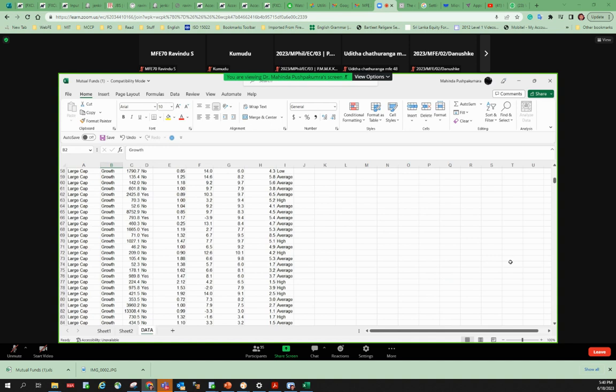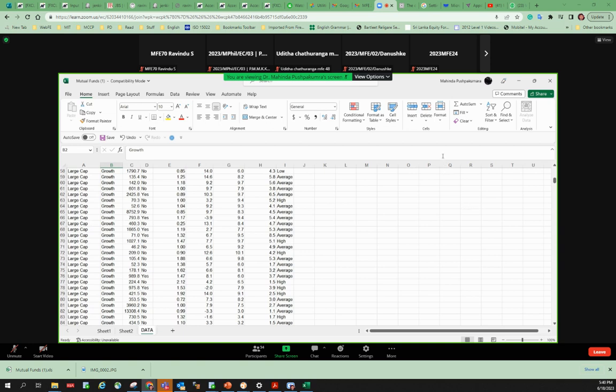Let's say you want to decide in which fund you want to invest, whether you want to invest in a growth fund or a value fund. How can you come to this conclusion?